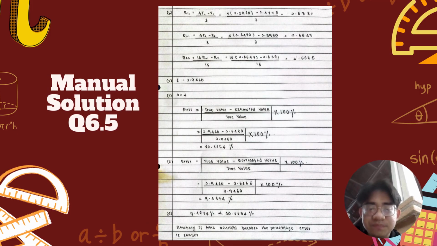For question B, we will do the Romberg integration. R11 is 2.6381. R21 is 2.6647. R22 is 2.6665. For C, the true value is 2.9460, and we can calculate the true value error.